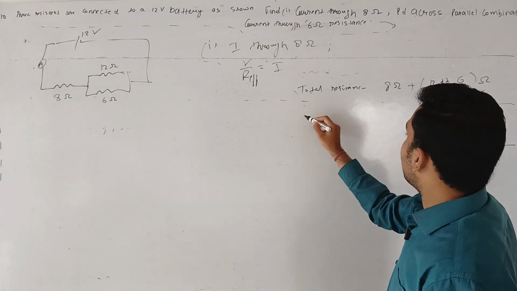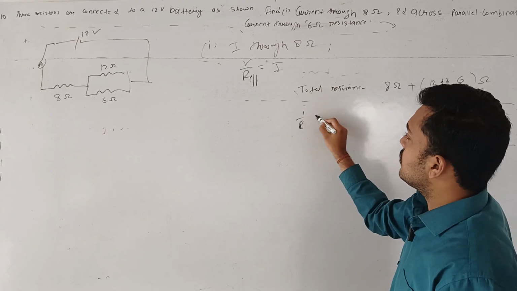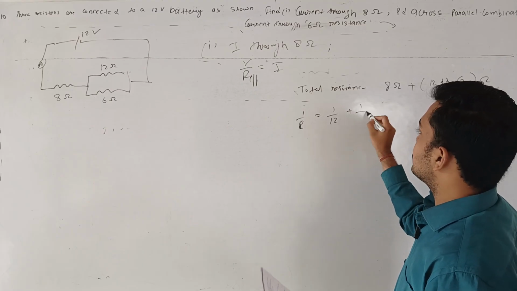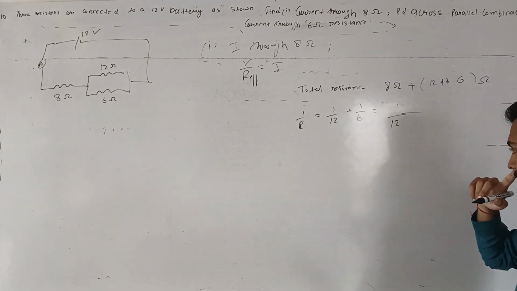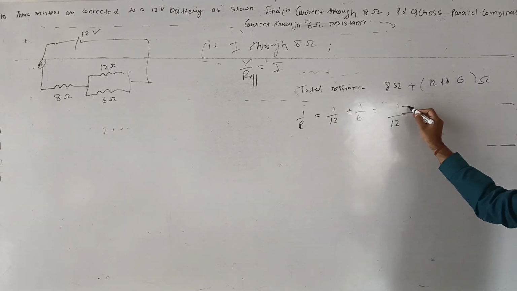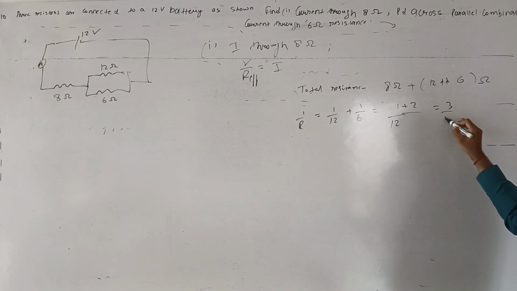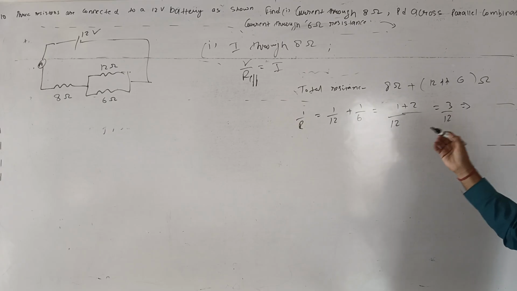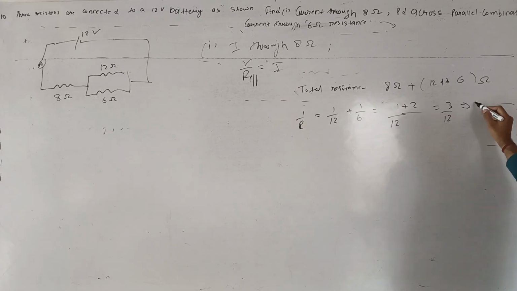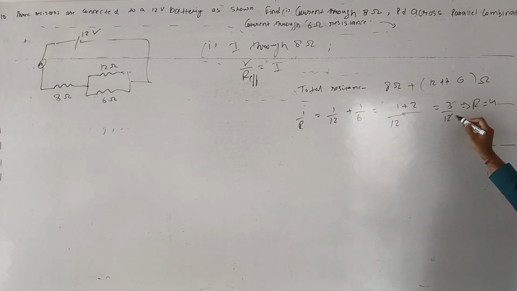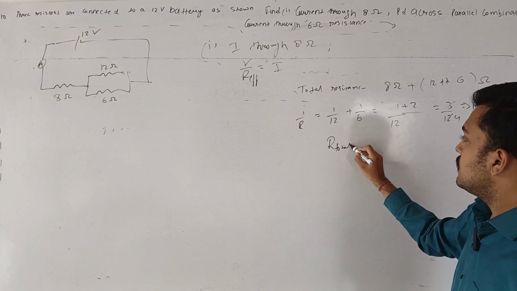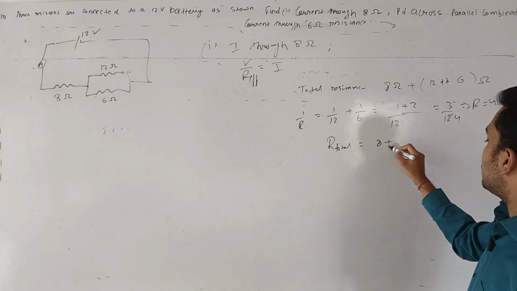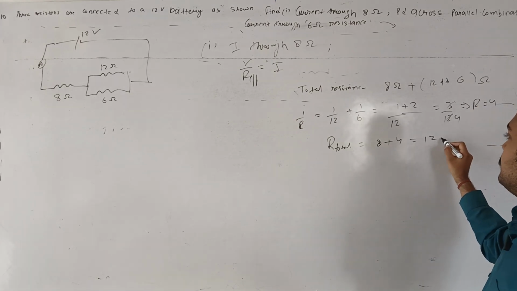So for the parallel of 12 and 6, 1 upon R equivalent is 1 upon 12 plus 1 upon 6, which is equal to 1 upon 12 into, LCM is 12, we get 1 plus 2, 3 upon 12. So R equivalent comes out to be 4, since 3 4s are 12. Therefore total effective resistance is 8 plus 4 is equal to 12 ohm.